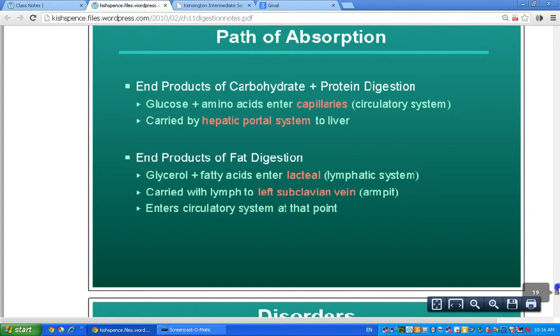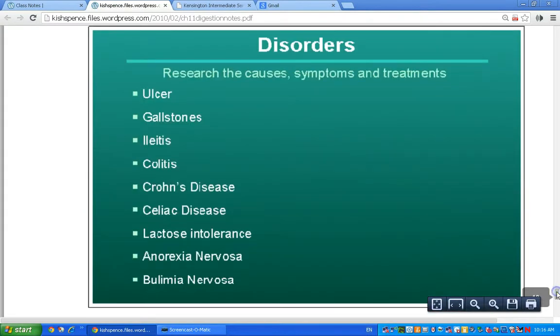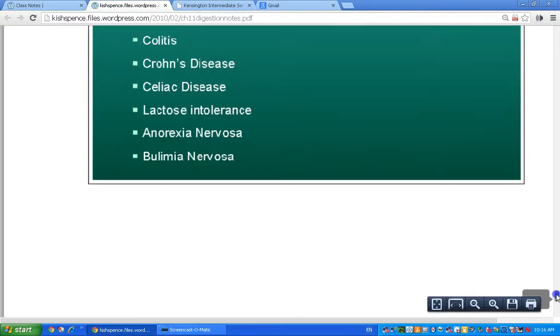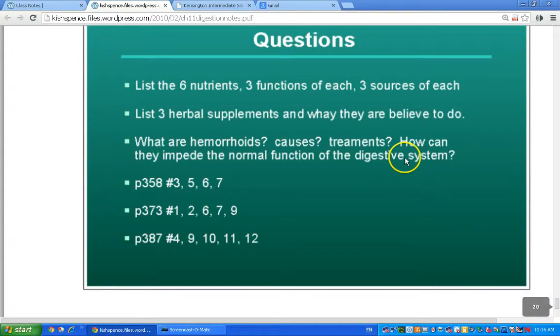Okay, so that's it for the information, except for the disorders. The disorders we can talk about in class, or you can look at on the website. There's a link for them too. You might want to take a look at these questions. I wouldn't worry about the herbal supplements. It's interesting, but I wouldn't worry about them. But these are some review questions that you can take a look at.